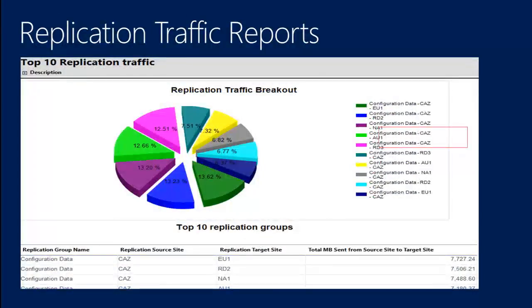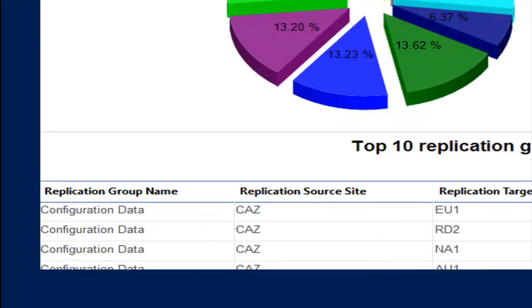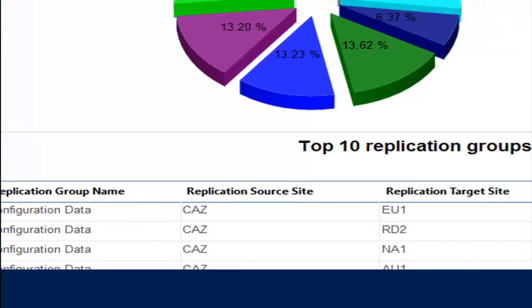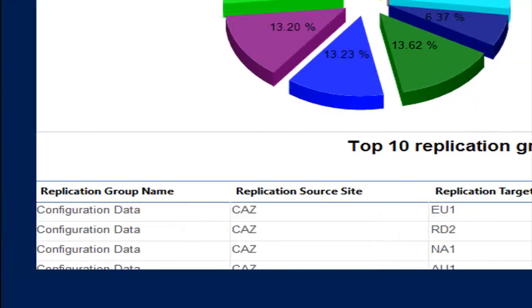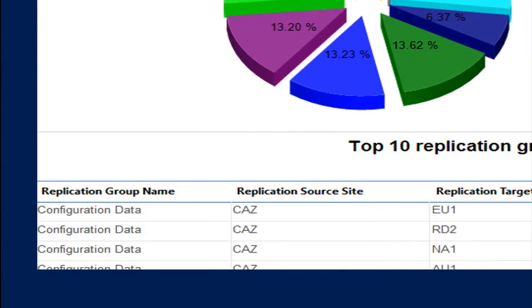You can also break that down into a nice little pie chart, so that you can zoom in down to the configuration data level, the specific replication group. So remember how before you were able to look at distributed views or site data scheduling, and it had in there, do you want to do this with inventory, or do you want to set this up with other types of data?